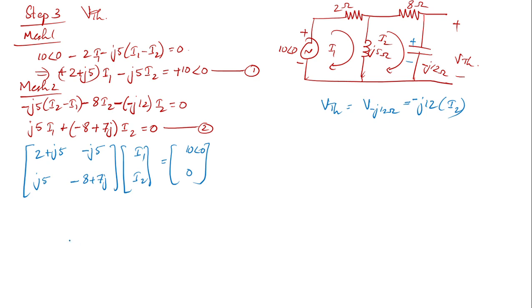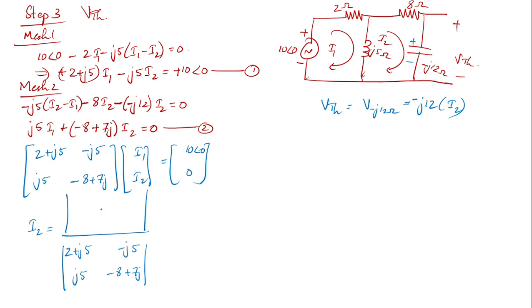Our aim is to find out the value of I2. We are not bothered about I1. The denominator will be the determinant of this same matrix: 2 plus j5, minus j5, j5, and minus 8 plus 7j.